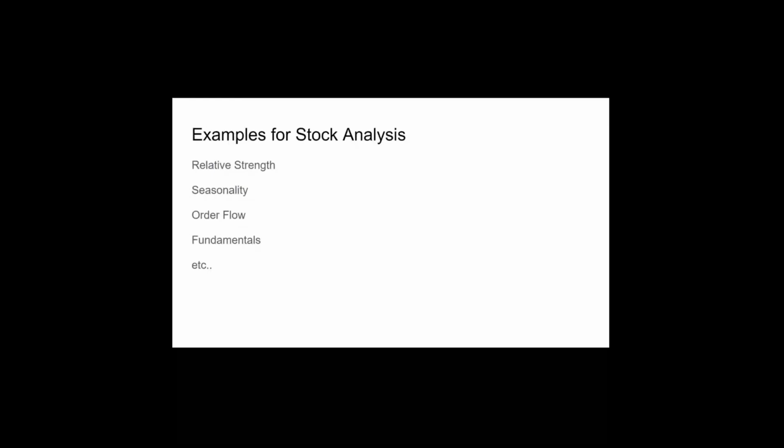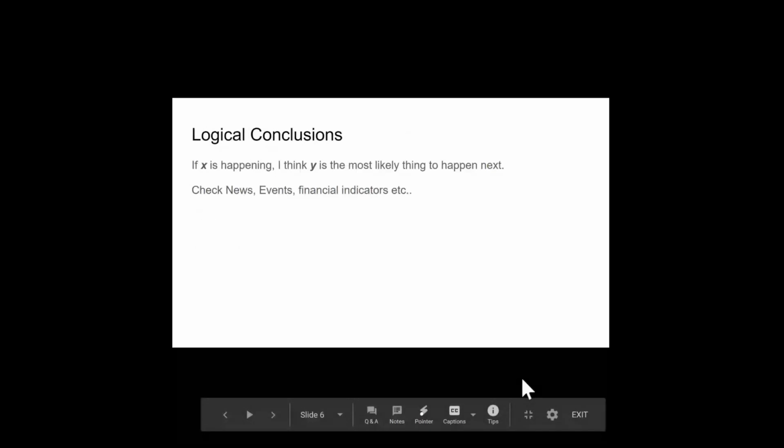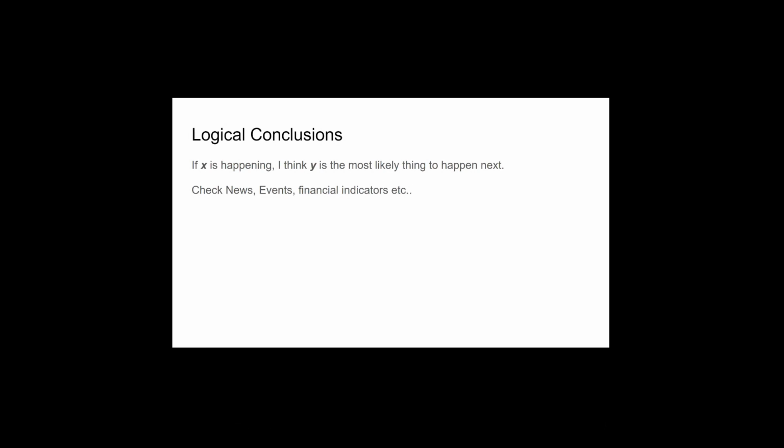Okay, so I just came back to it, and the next thing, even after you look at all these analytics and you put them together, you still want to make a logical conclusion and still look at the news and events. If X is happening, what do I think is more likely to happen next?